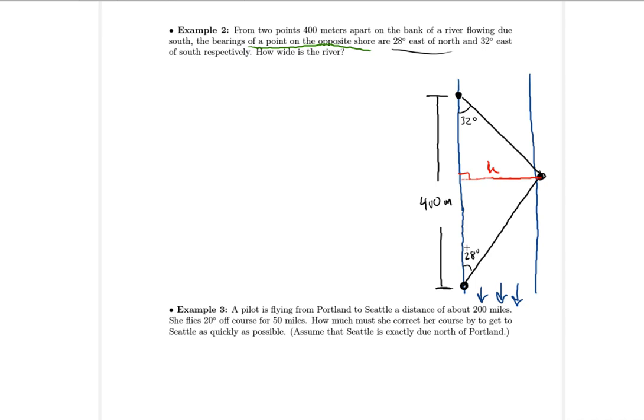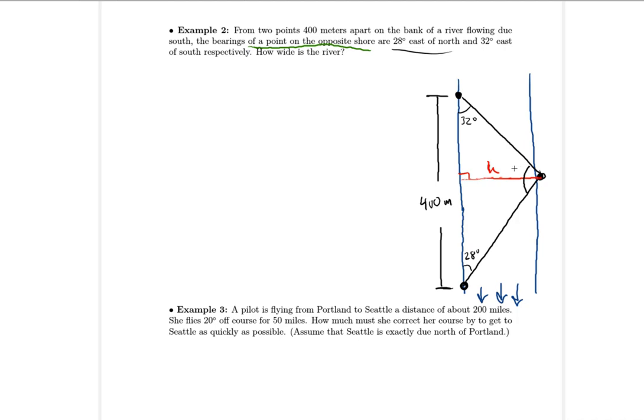In order to use right triangle trigonometry, I would need to know either this hypotenuse, or I would need to know this side right here, this adjacent side. And I don't know either of those. I know it's 400 total from here to here, but I don't know this length. So what I do know, however, is if this is 28 and this is 32, then I can figure out this angle right here.